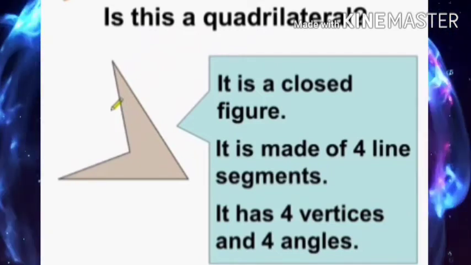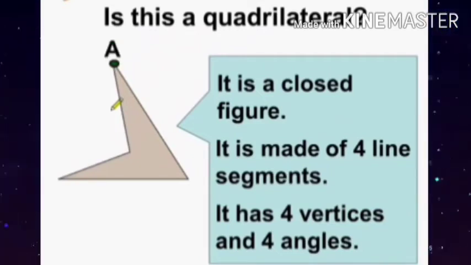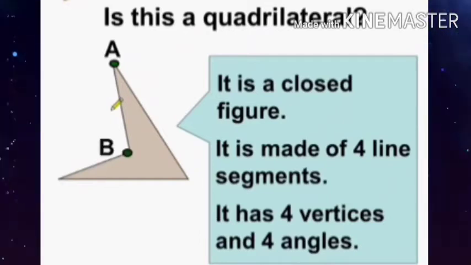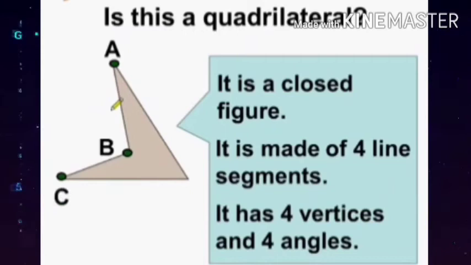It has four vertices and four angles. Name the vertices as A, B, C and D. Now you can easily check the angles which this figure is having: angle A, angle B, angle C and angle D.